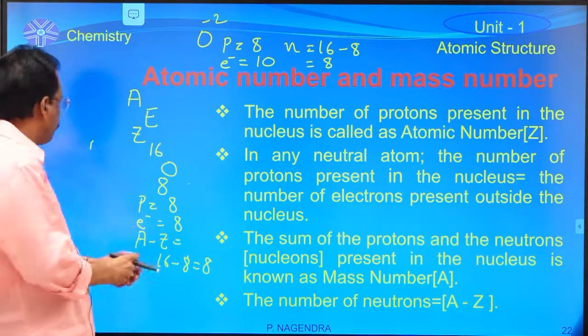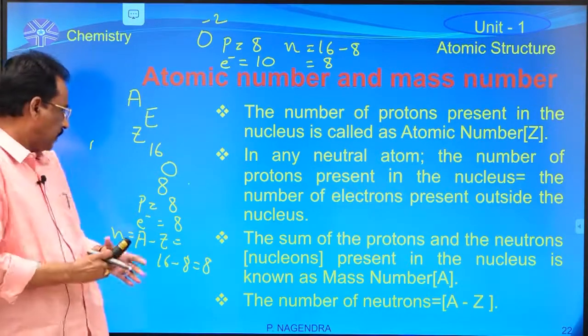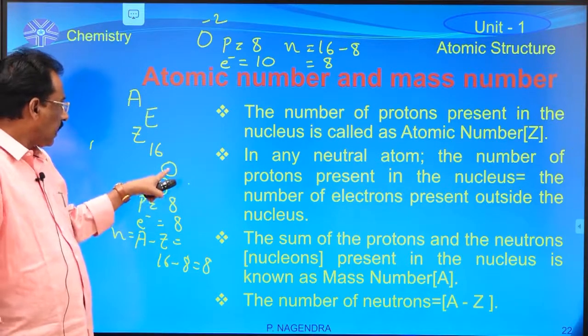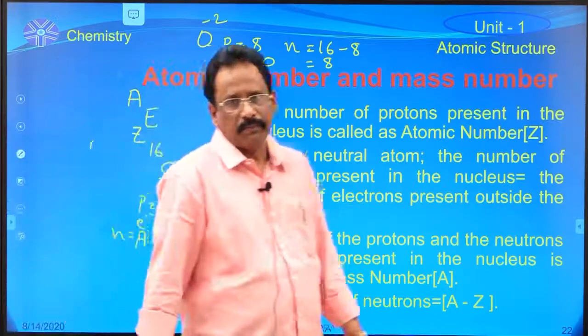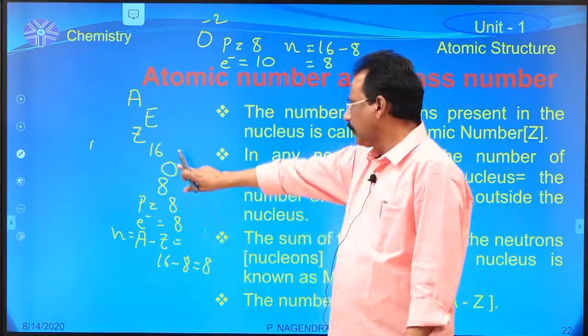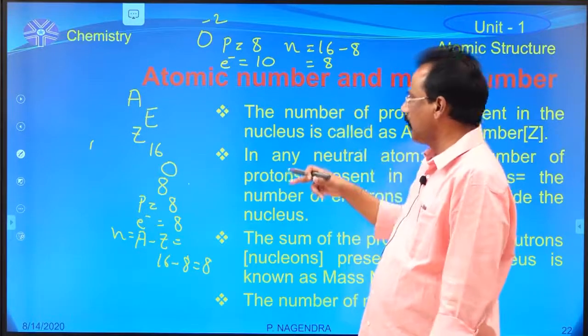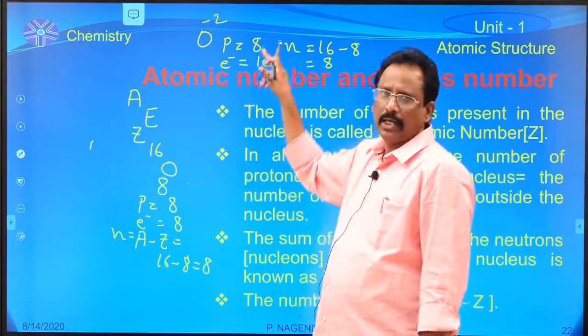So the same number of neutrons are present in a neutral atom and its ion also, because there is no change in the proton number in the case of neutral atom and its ion.